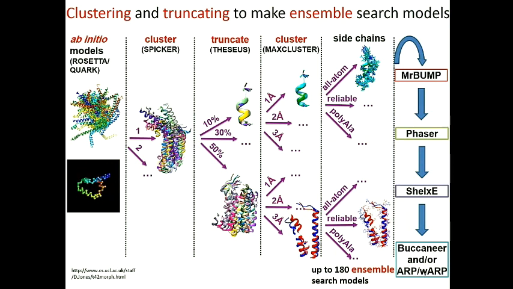All of the rest that comes after that is other people's clever software. We have to acknowledge that. So Mr. Bump is what we use to process them. Phaser, or optionally MolRep, places them. And SHELXE turns out to be very important because, as you'll no doubt hear elsewhere as well, it can give you resolution allowing very good, reliable statistics that tell you yes or no whether your molecular replacement solution is correct.